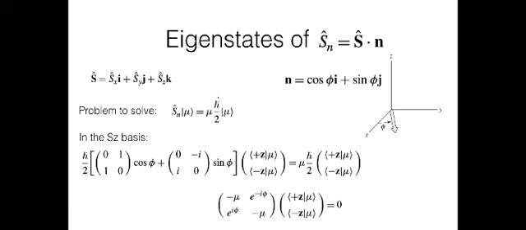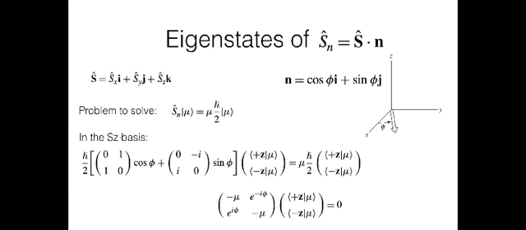Now we can work out what the eigenstate of a general spin state is, one that's not necessarily aligned with Sx, Sy and Sz. In this case, what we are trying to solve is really this problem right here, where the h bar over 2 is written just to make it easier to get the mu. I am not going to solve it in detail because it is really a classical eigenvalue problem.